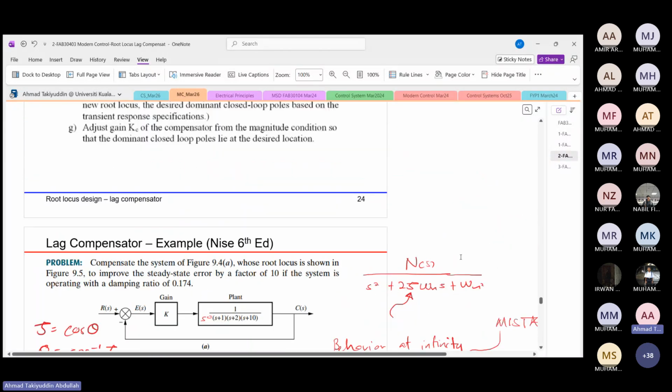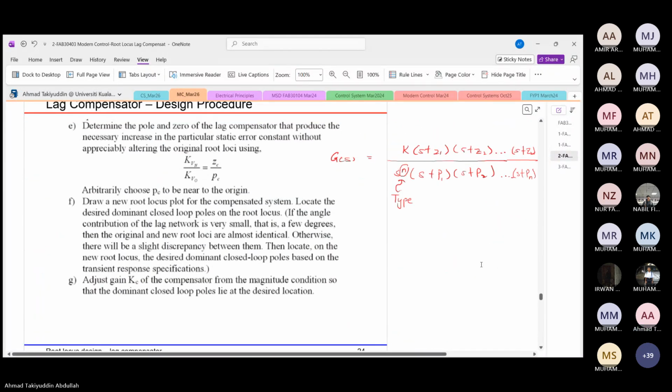So I'm just going to put it here, the n here determines the type of the system. If the system is type 0, you need to find Kp, because this will be the only value that you are going to have as the static error constant for a type 0 system, the Kp, I mean.